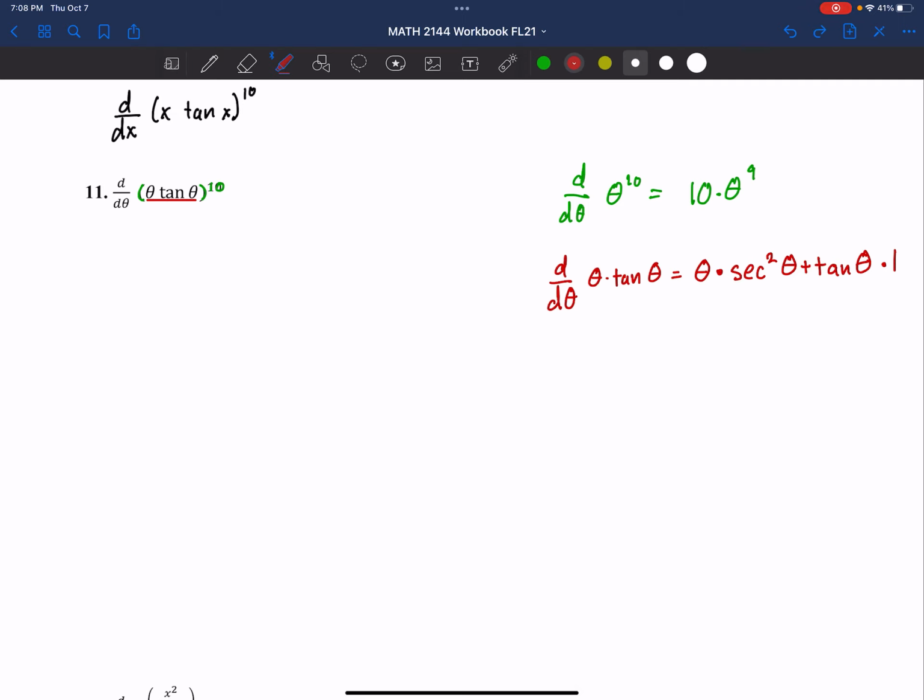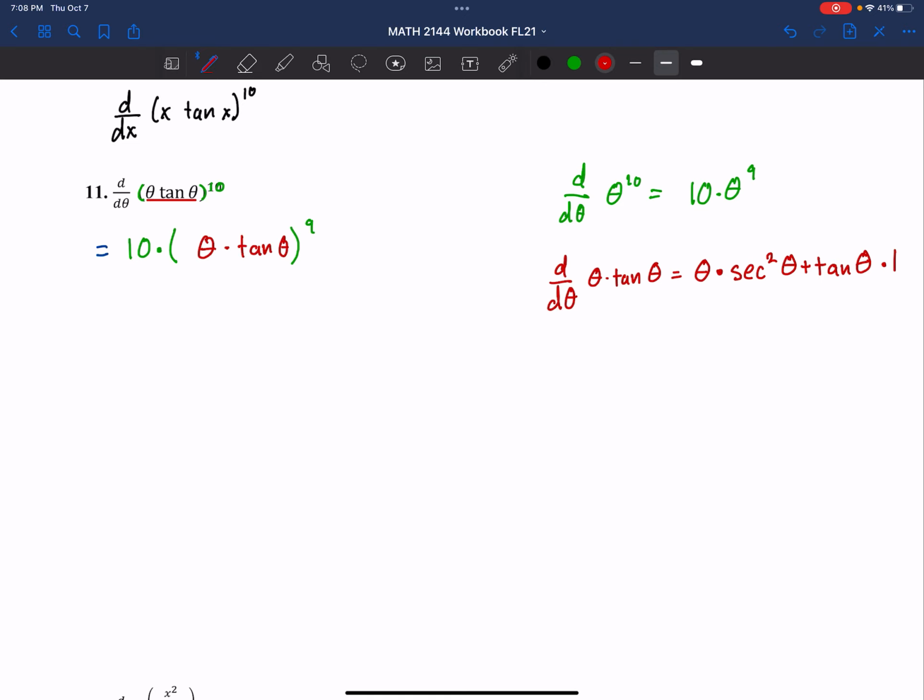Okay, so that's nice because I already have that taken care of off to the side. So now I could just use the chain rule. So the derivative here is going to be the derivative of the outer. So 10 times, leave the inside alone. So that is going to bring the theta times tangent of theta along.